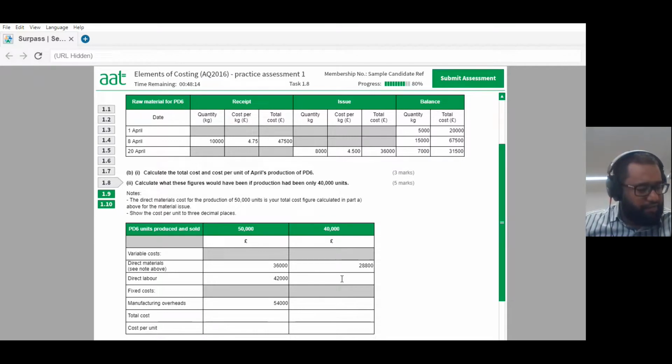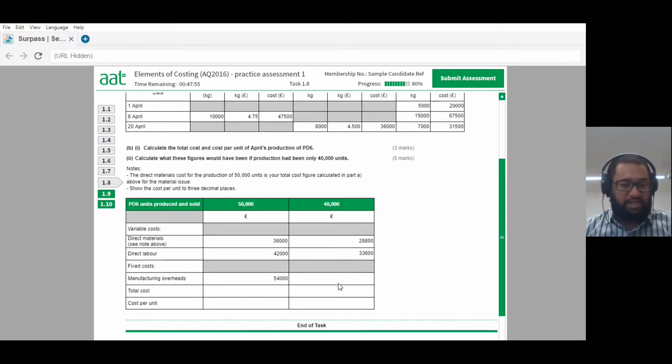And similarly I'm going to do the same for this cost: 42,000 divided by 50,000 gives me 84 pence, multiplied by 40,000, that's going to give me 33,600.